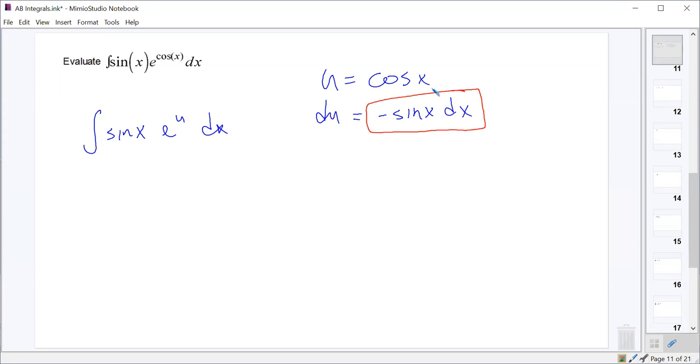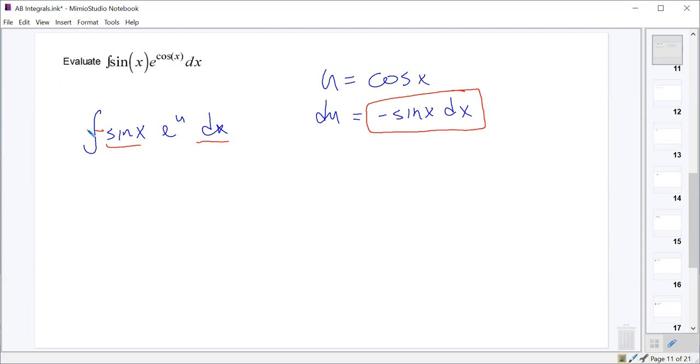Does that make sense to everybody? Yes. Okay. So do I have a negative sine x dx? Almost. I have a sine x and I have a dx. Well, why don't I just put a negative in there? Can I just put a negative in there?